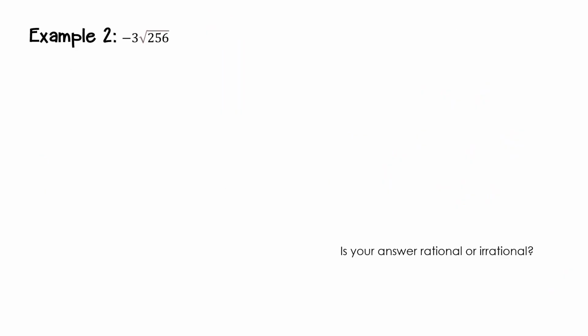For example 2, we are going to find the square root of -3 root 256. So this one does have a coefficient in the front, which we'll talk about at the end of the problem. When you start the problem, you are just creating a factor tree for 256, just for the number that is underneath the root.